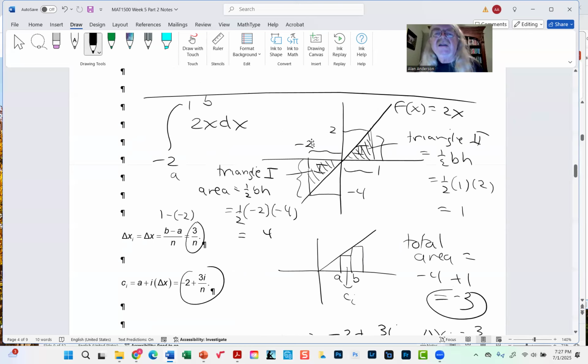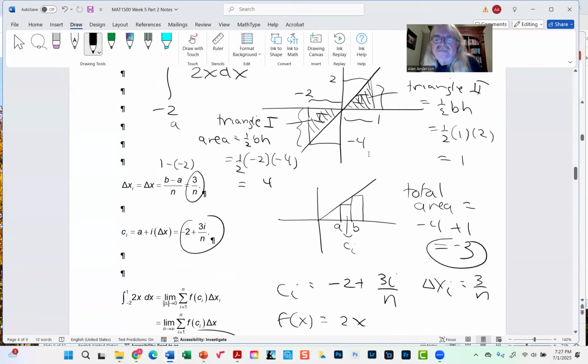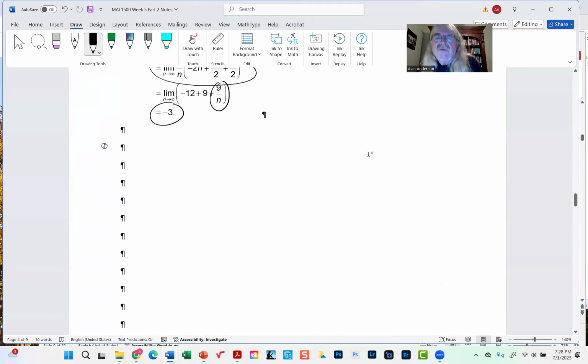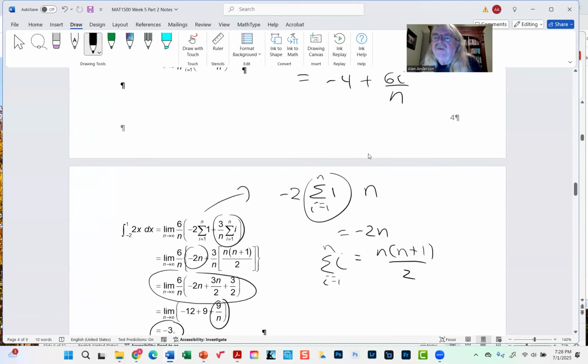In other words, that's why it might look strange: you have an area of 4 under the curve, which technically has an area of -4, and then triangle number 2 actually has an area of +1, so they add up to -3. So when you take an integral like that, you're going to end up with -3.